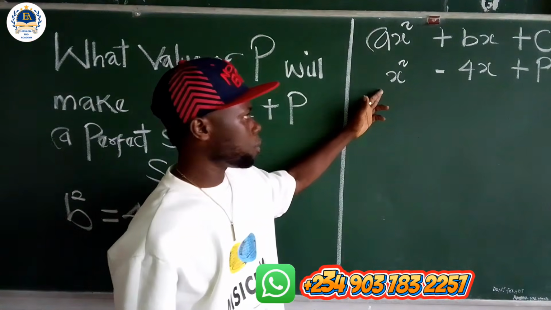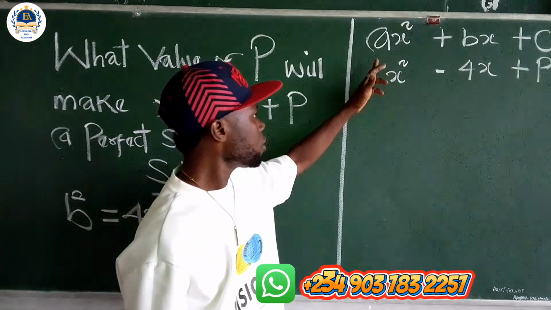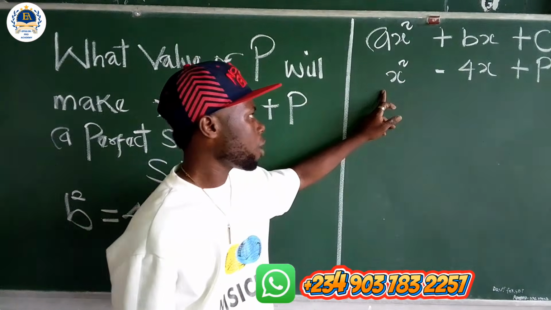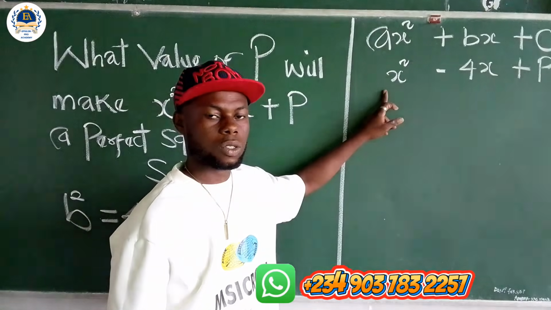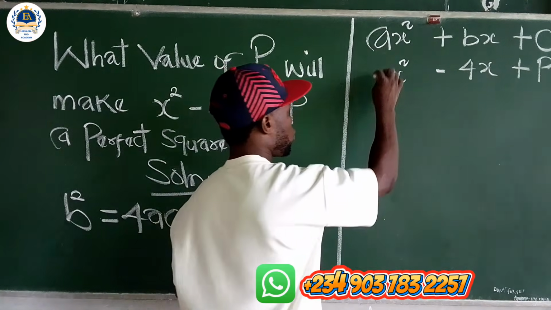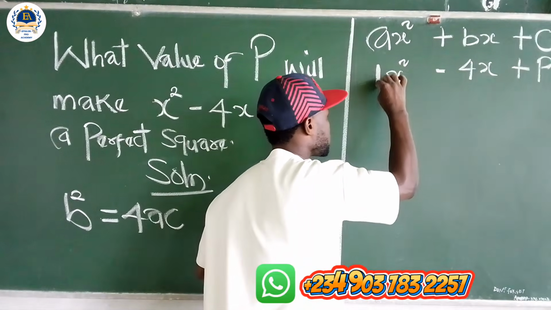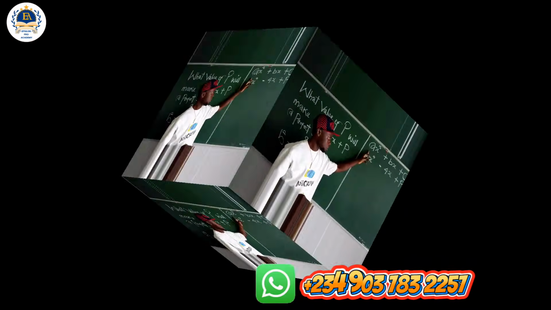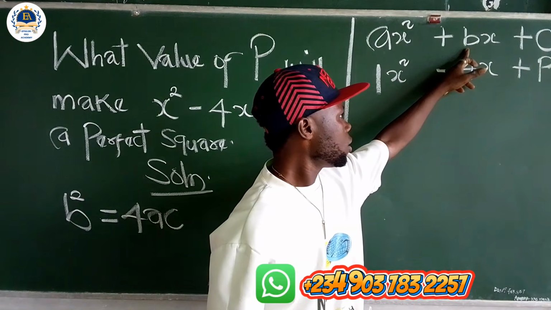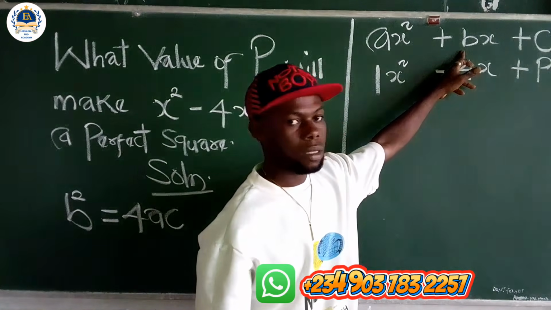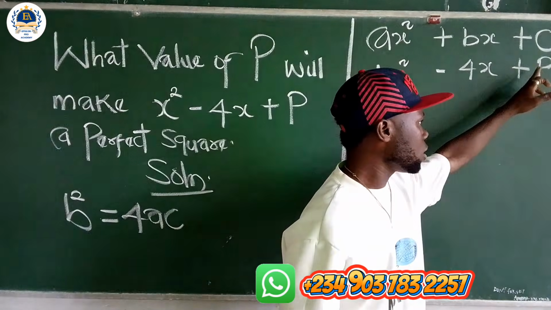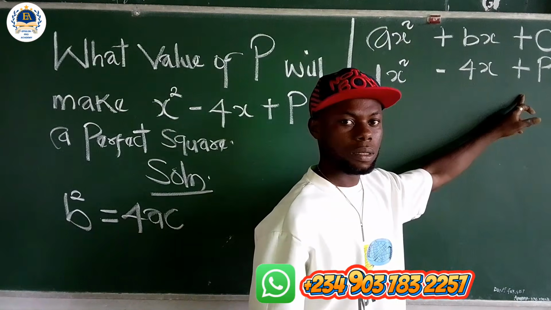But in the first term on the board, we have ax squared. Over here, we have just x squared. That means the coefficient of this is 1.